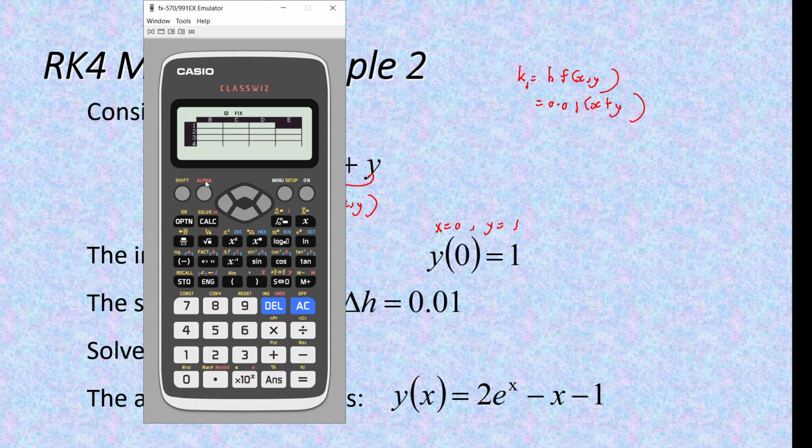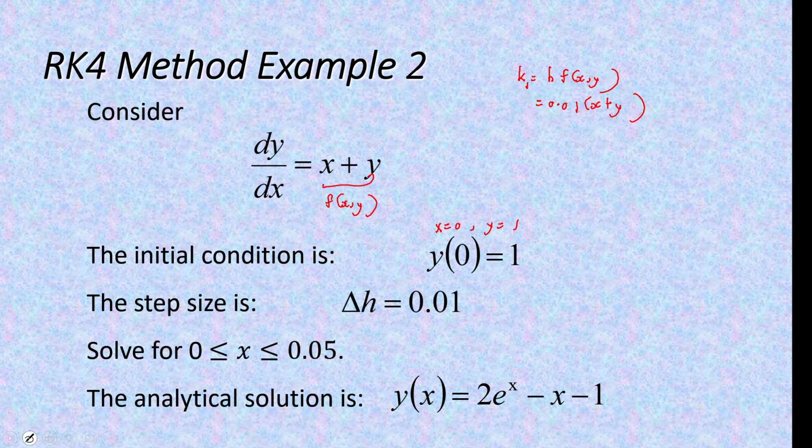Go back to menu number 1, 0.01, alpha x plus alpha y. Calculate, initially x is 0, y is 1. So you get 0.01. This is k1 the first time.